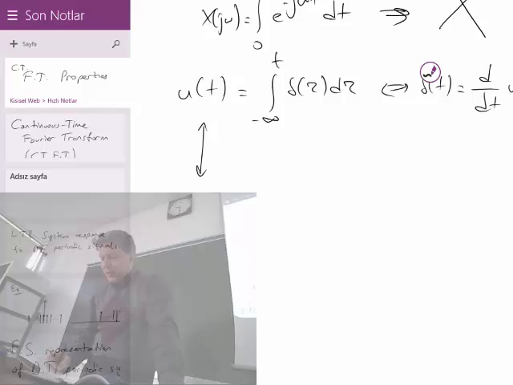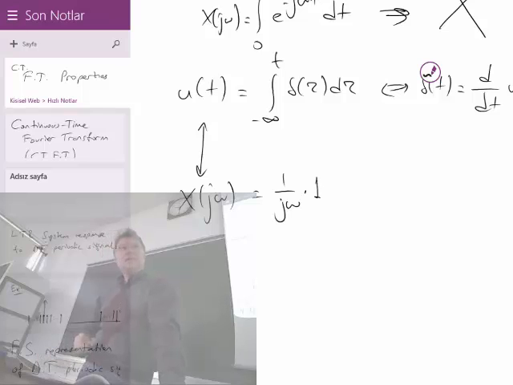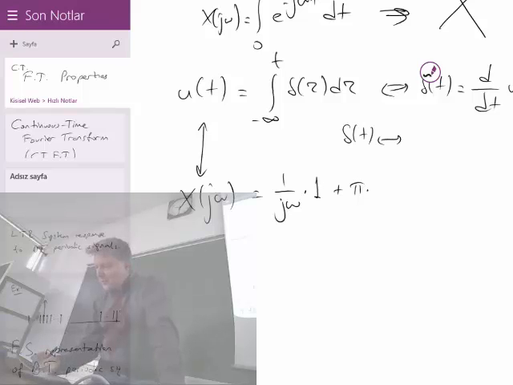So what can we say about the Fourier transform of u of t, which is X of j omega? It is equal to 1 over j omega times the Fourier transform of impulse, which is 1, plus pi times the Fourier transform of impulse. For the Fourier transform, let's give it a notation.